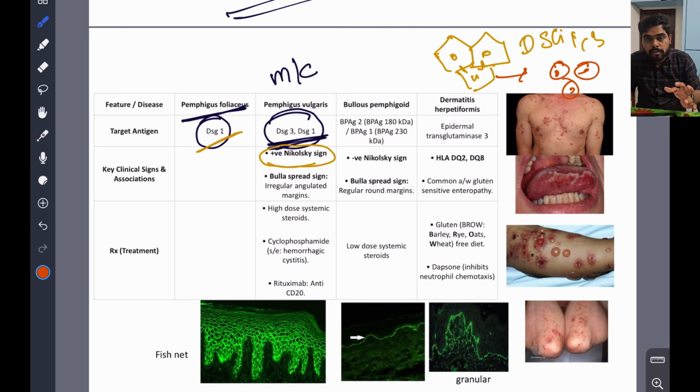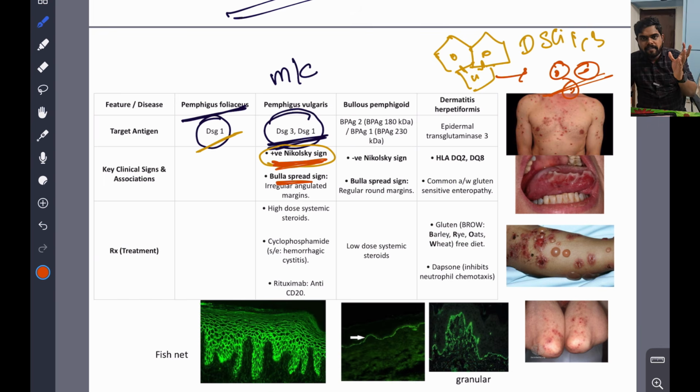This process is known as acantholysis. From the proper structure it changes, and it can be easily peeled off. If I discuss more, it will go into a different theory class, so just understand this concept. If you want a detailed class, we can discuss personally or make a separate session. So at least you see the bulla spread sign and positive Nikolsky sign in pemphigus vulgaris.